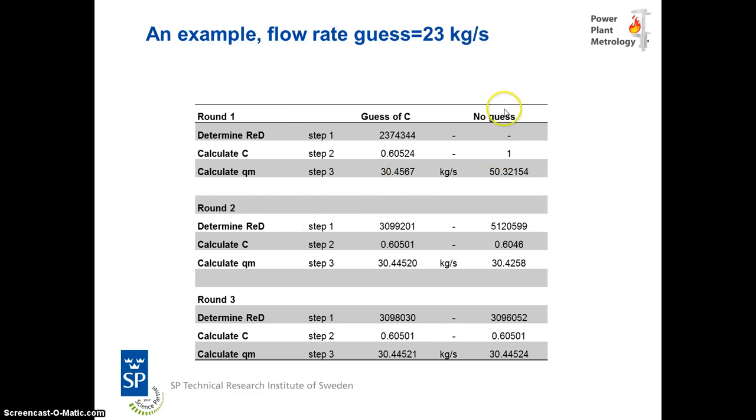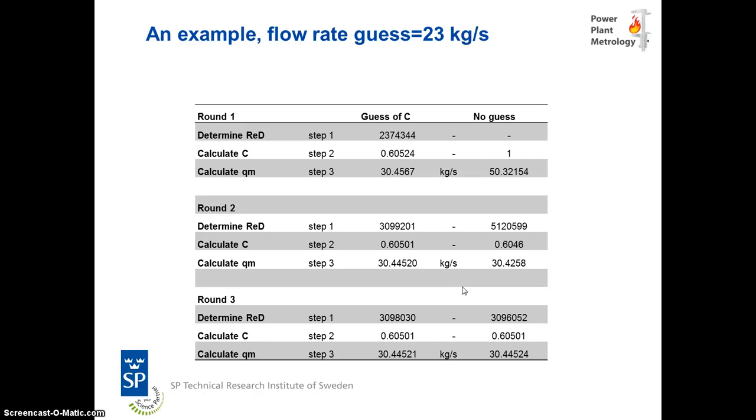And what you see here is that if you make no guess at all, in only 3 iterations you get a really stable value of the discharge coefficient. And when you made an intelligent guess, between the second and third step you have the same value. So it really converges very fast.